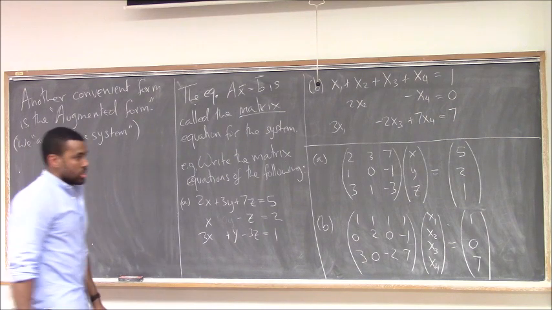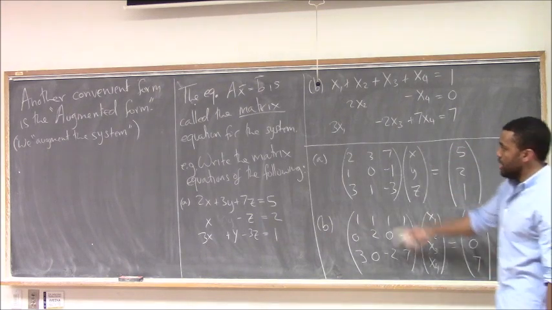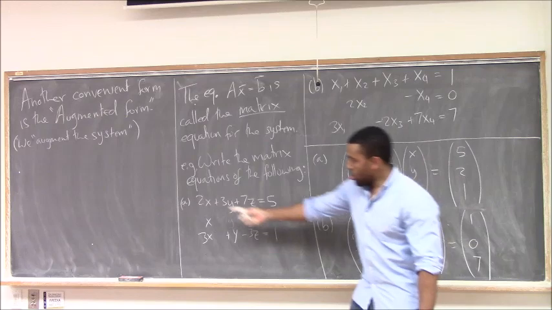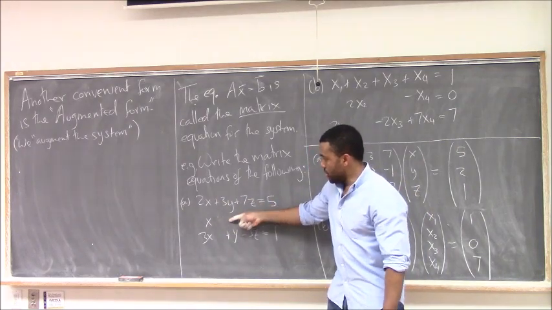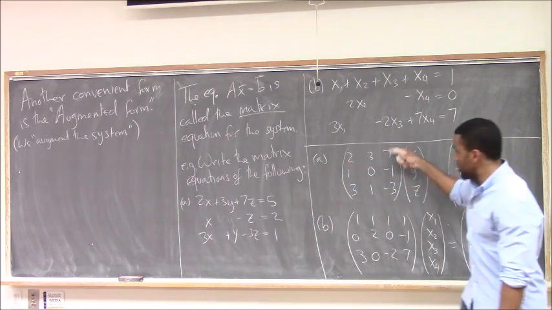Basically, notice that here, these numbers 2, 1, 3 are all the coefficients of the x. The 3, 0, 1 are the coefficients of the y. The 7, minus 1, minus 3 are the coefficients of the z.